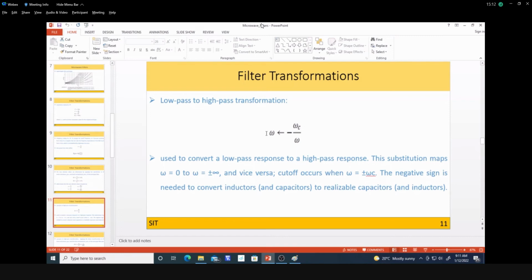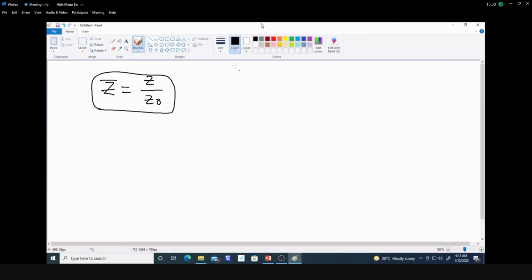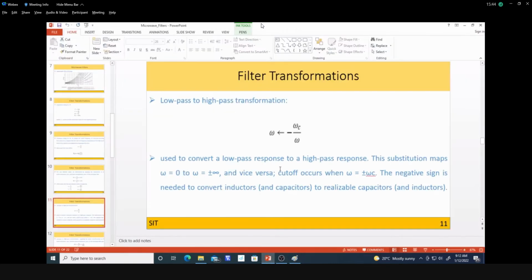Okay. So now this is the actual equation which is used to convert the low pass response to the high pass response. Okay. And this mapping takes omega from 0 to infinity and vice versa, because our filter response needs to start from omega equal to 0 to infinity. So we are going to get something like this, the low pass filter characteristics. And the cutoff occurs where omega equal to omega c.